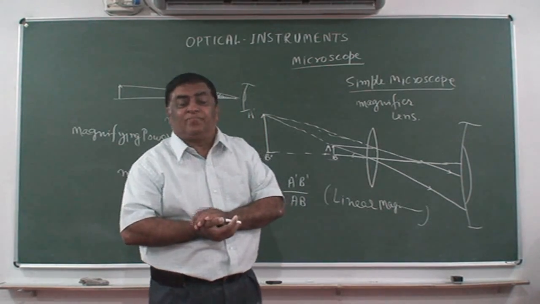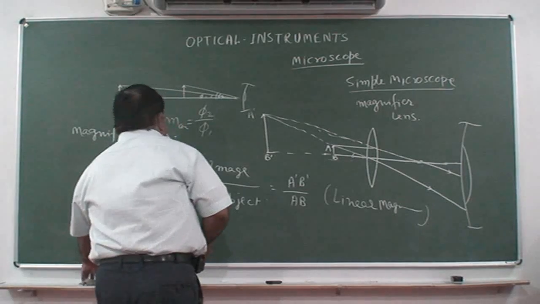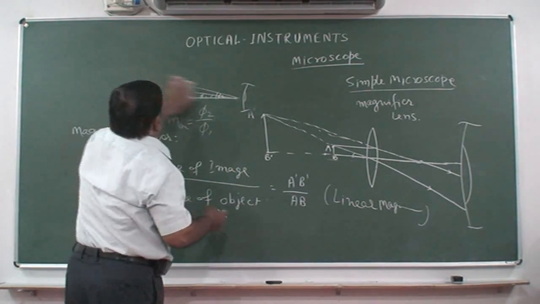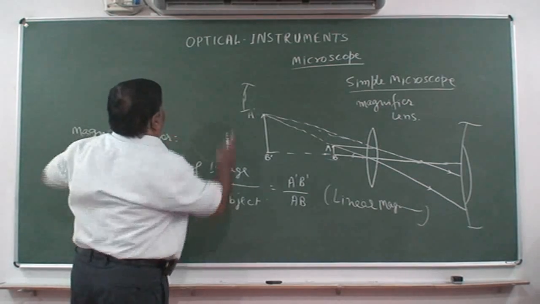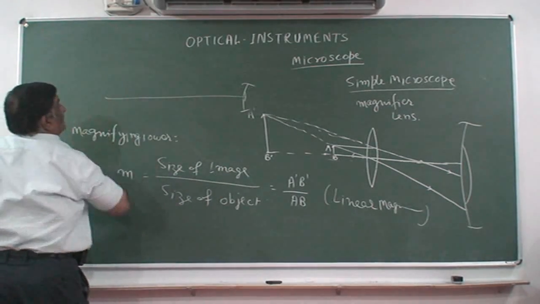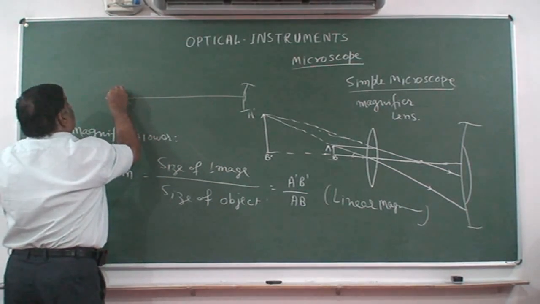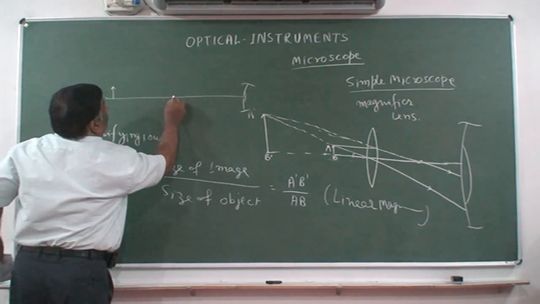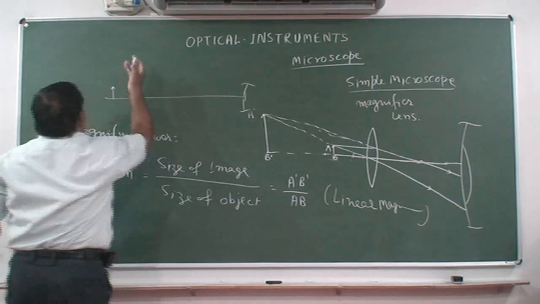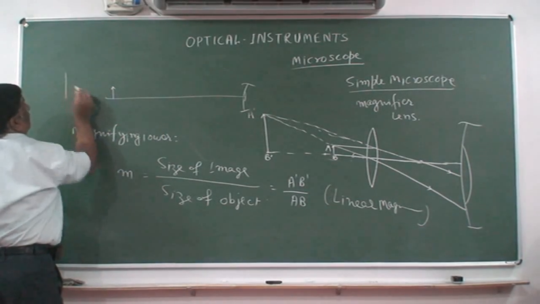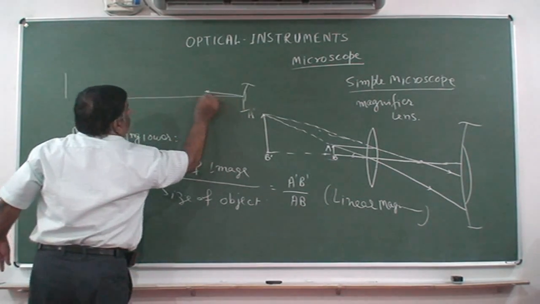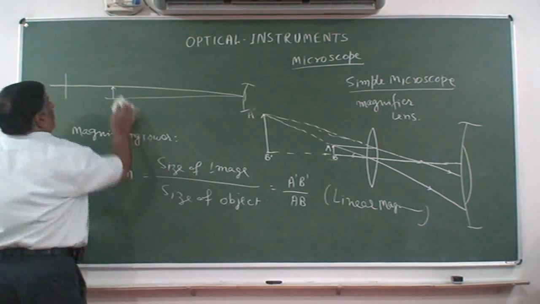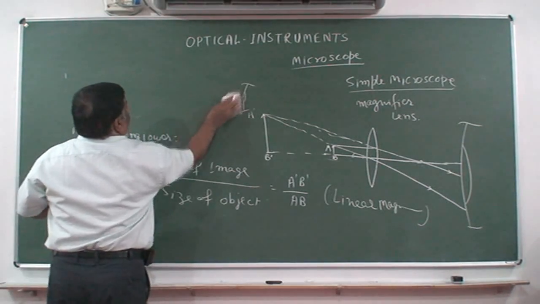What does it mean? It means, look, these are the eyes and here this is the principal axis. Here is the object, and we see the image somewhere, let us say here. No, I will again correct it.